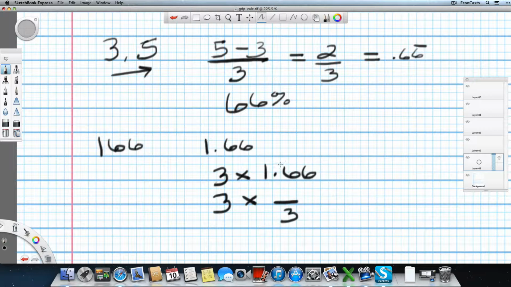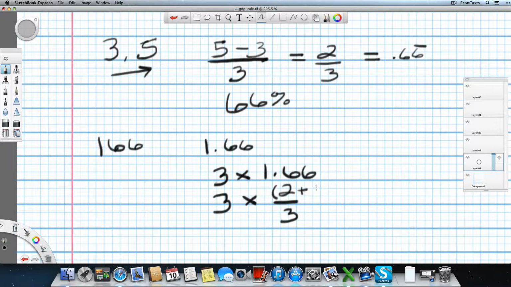And the question is, what is 1.66 as an improper fraction, or a fraction that is not mixed? So we have everything in the numerator. So it's got to be above 3 in the numerator. And we have to take care of this 6 in some way. So we know that 2/3 is 66%. So we're going to take 2 and we have to add to it something. Well, 3 over 3 is 1, right? So this .66 is 2/3 plus 1.